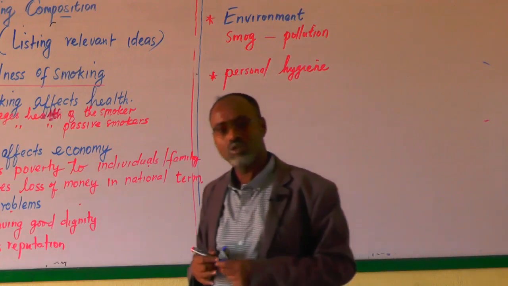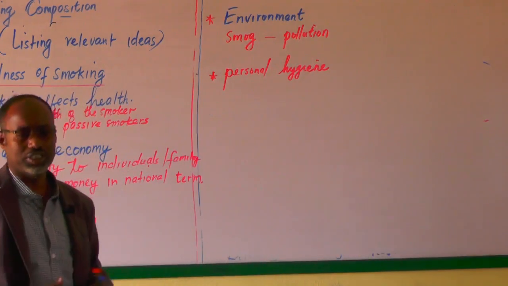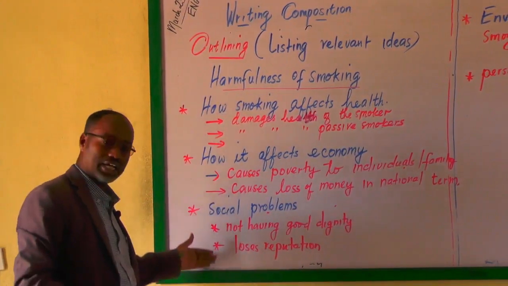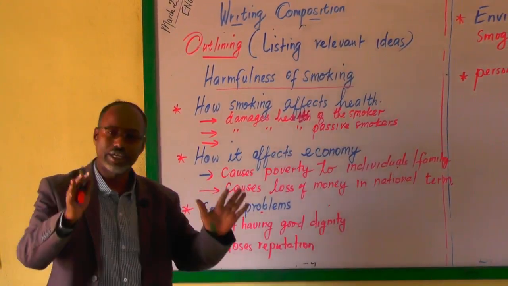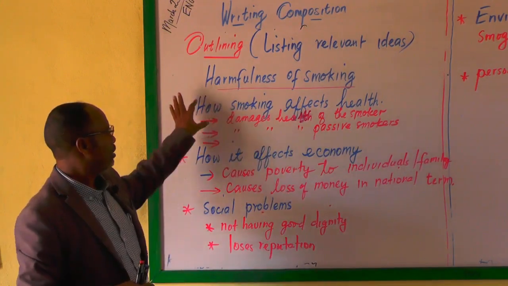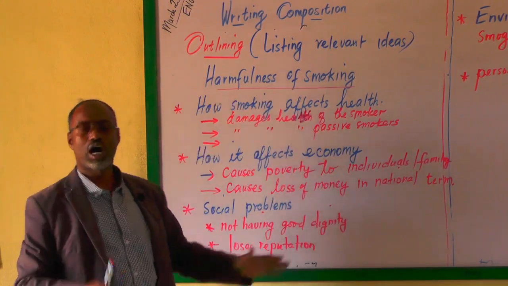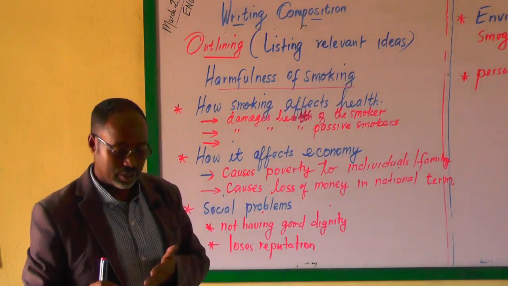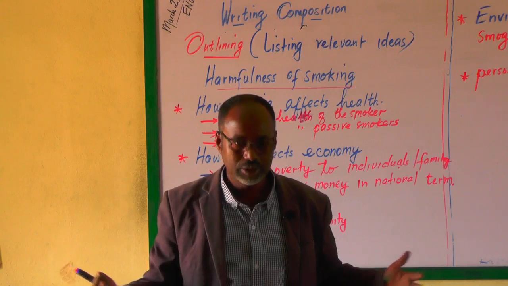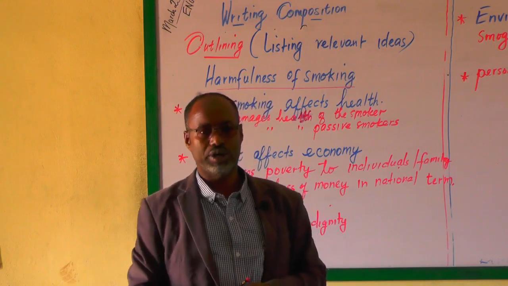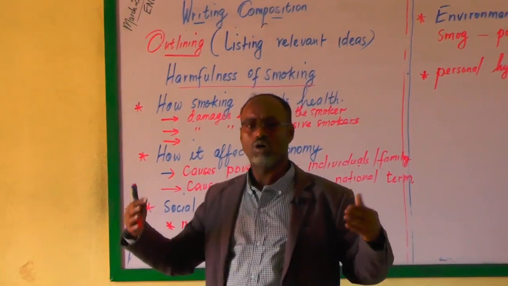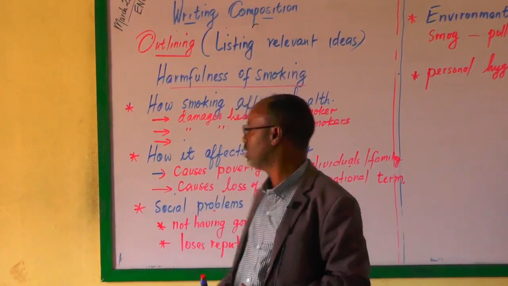All in all, why am I giving you all these ideas about smoking? I want you to use these examples to write a composition about smoking. You have to write about how smoking affects the life of human beings, smokers and non-smokers. You can write 4, 5, 6 sentences.